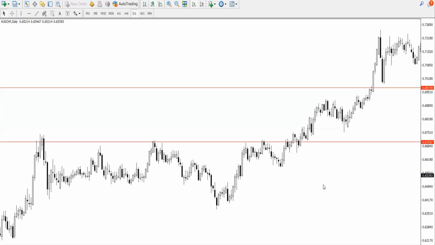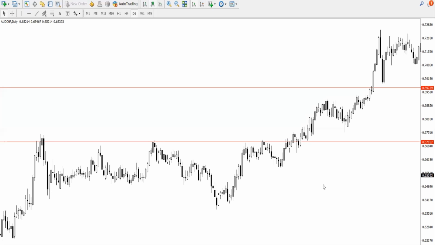So for me, my sweet spot, the time frame that I spend 95% of my time on, is the daily time frame, because I know that a pin bar, or I should say a reverse pin bar, that has formed on the daily time frame at the end of New York close, which is the official end of all the trading sessions over that trading day, carries more weight than a pin bar that has formed, for example, on the 30-minute time frame. So I just want to make those 2 points. So let's have a look at the power of the pin bar.